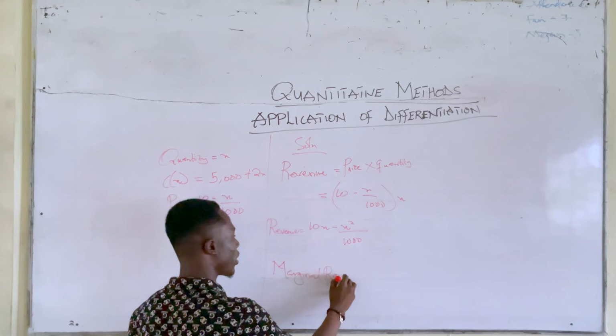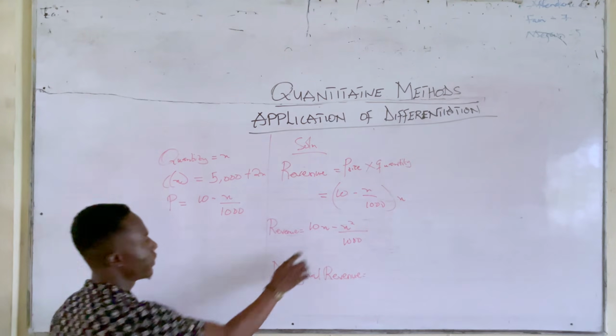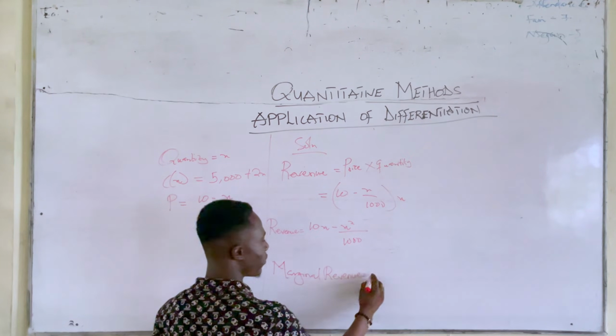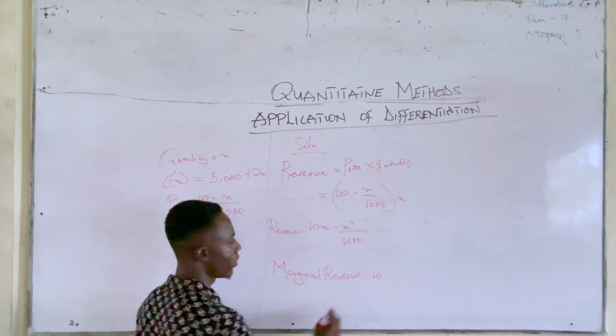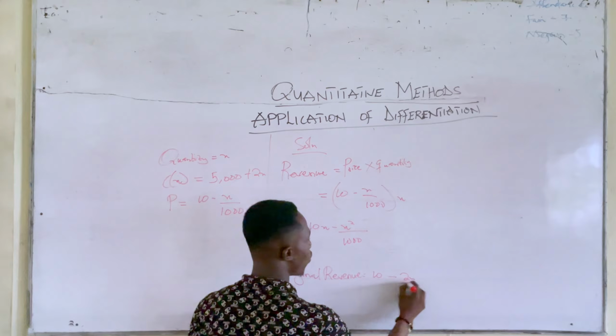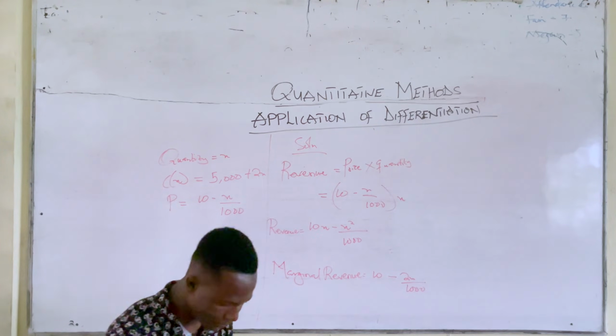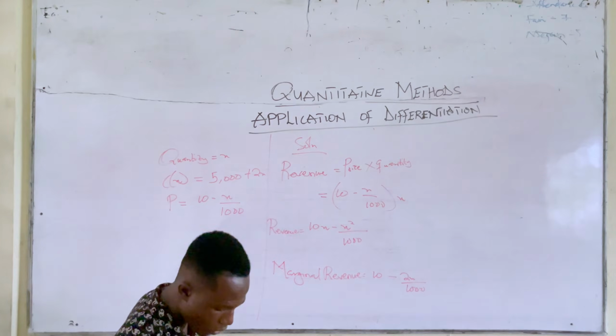So let's differentiate it. This gives us 10, and minus x squared will give us 2x over 1000.